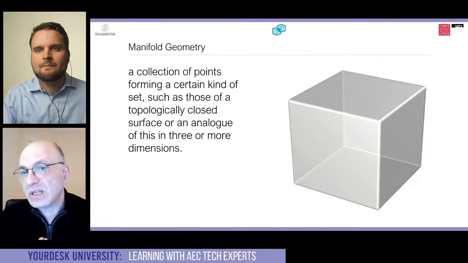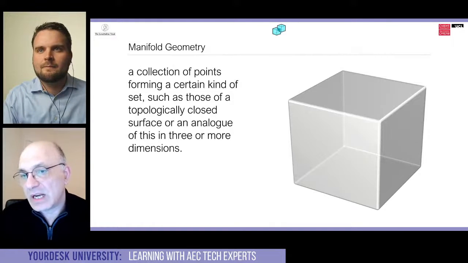When that situation is violated, when a point is no longer just in between 2 spaces or 2 worlds, maybe it's between 3 worlds or 4 worlds even, that becomes a non-manifold object. So let me show you some examples of that.